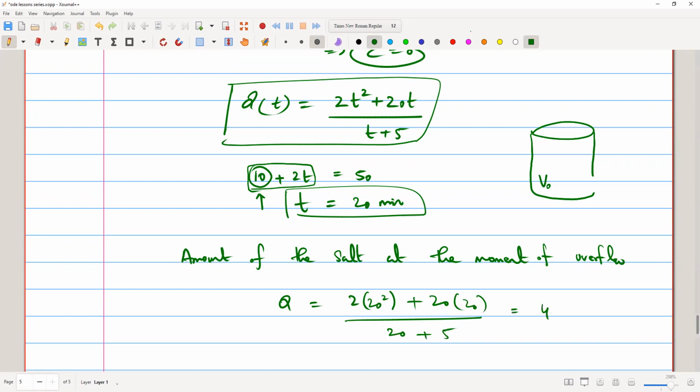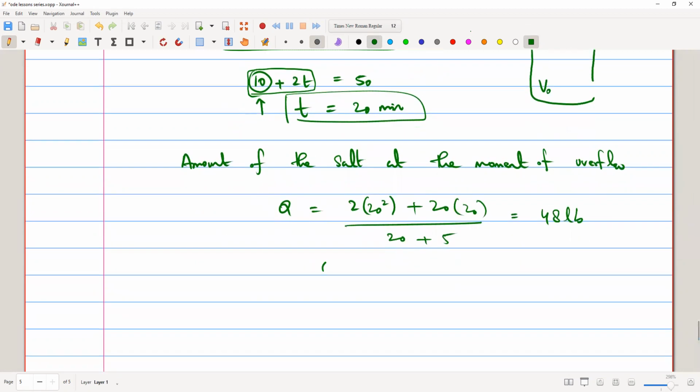That will give us 48 pounds. So the amount of salt in the tank at the time of the overflow will be 48 pounds, right?